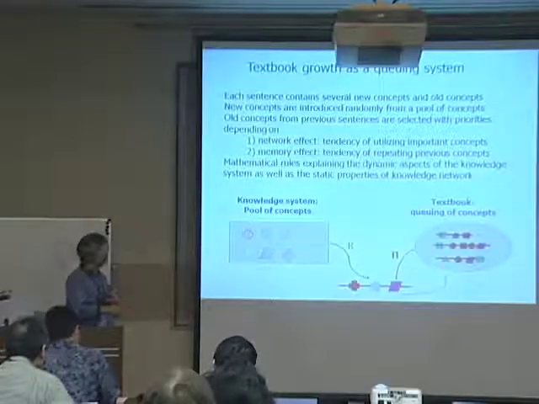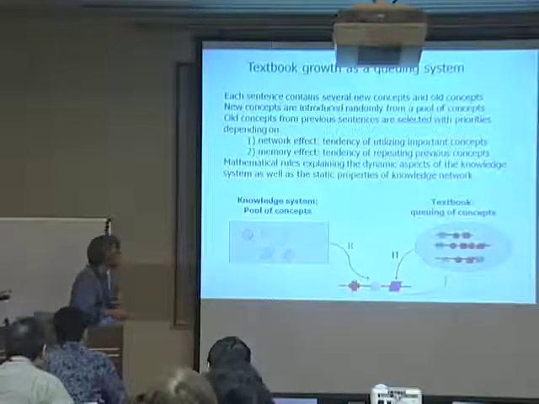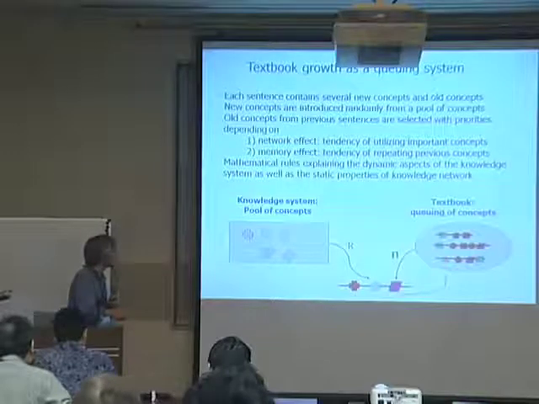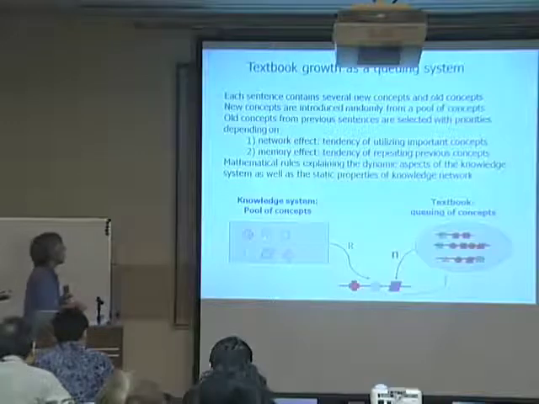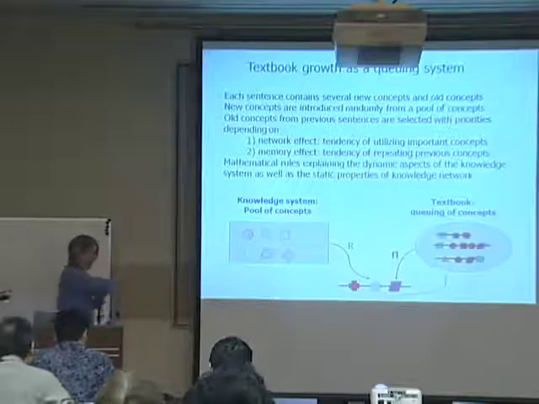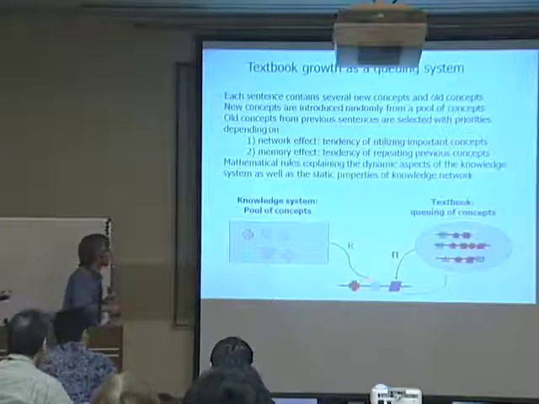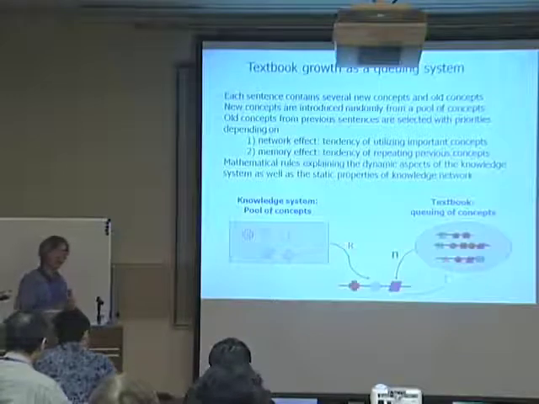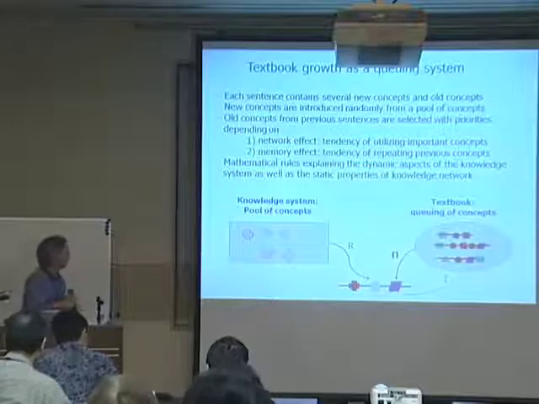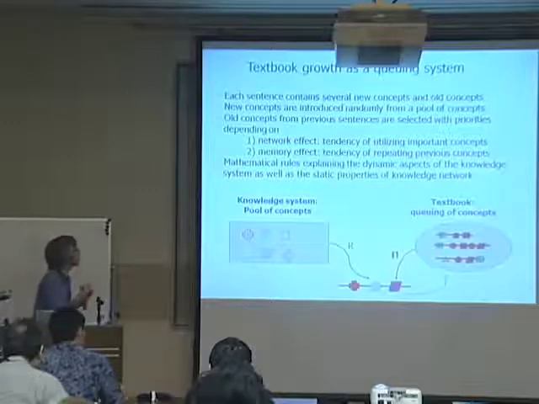Here this is the new and this is the old one. The new ones we get from the pool of knowledge, the pool of concepts, and also from this one. Here we assume that new concepts are introduced randomly from this pool, and old ones are selected with certain priority.